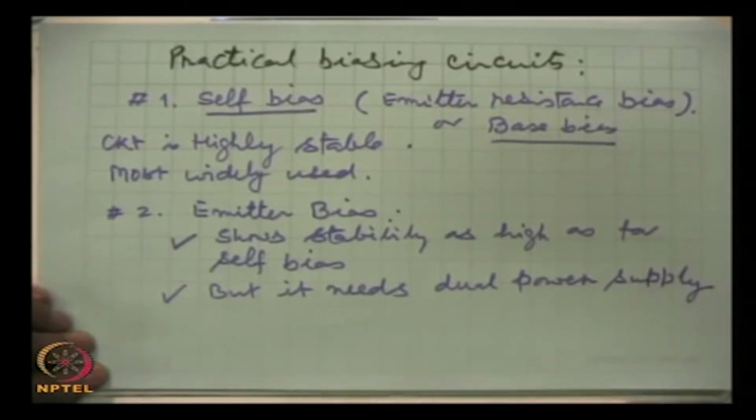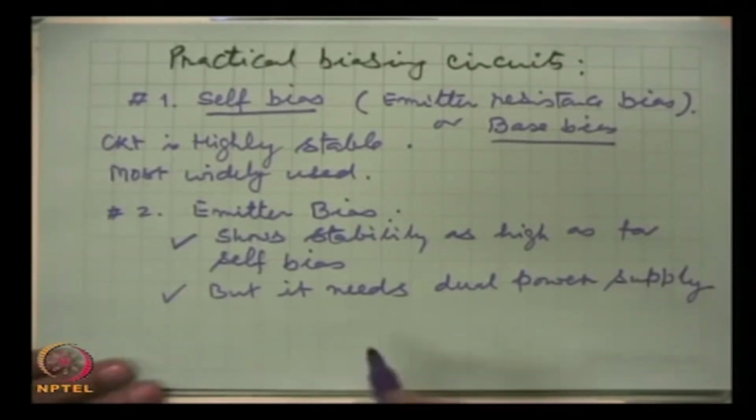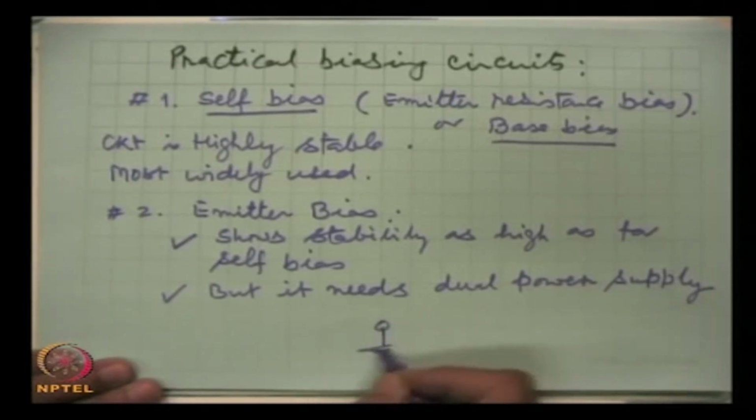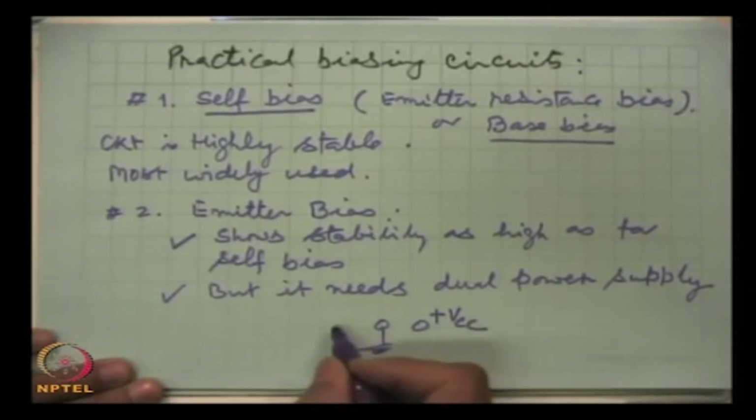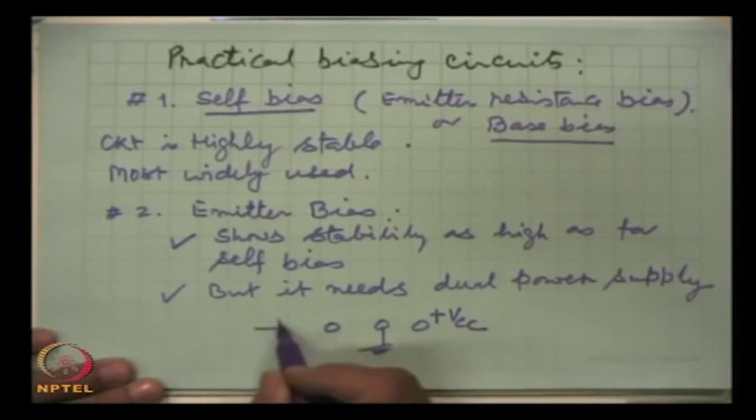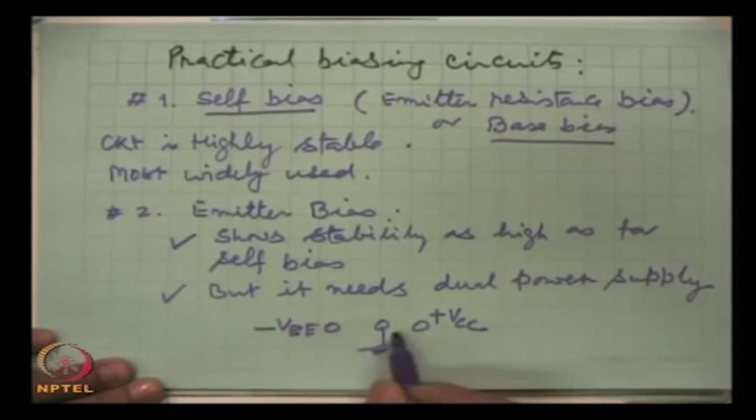Dual power supply. Let me explain what is the meaning of dual power supply. Two voltages with respect to ground, this is ground and this is plus VCC and this is minus VEE. These two voltages with respect to ground, the power supply should be able to provide. For example, a plus 12 voltage and minus 12 voltage should be available, both with respect to ground.